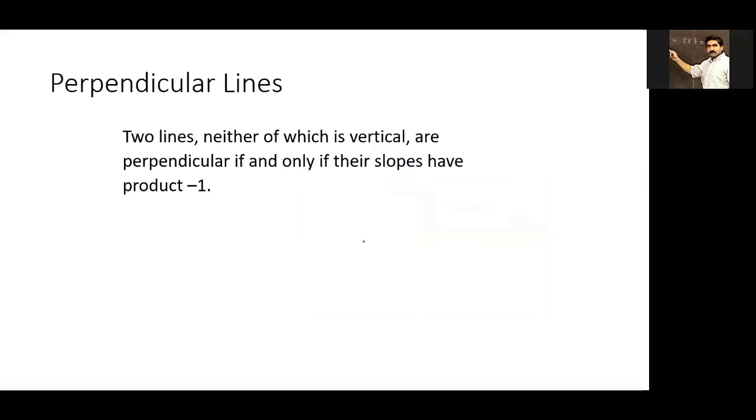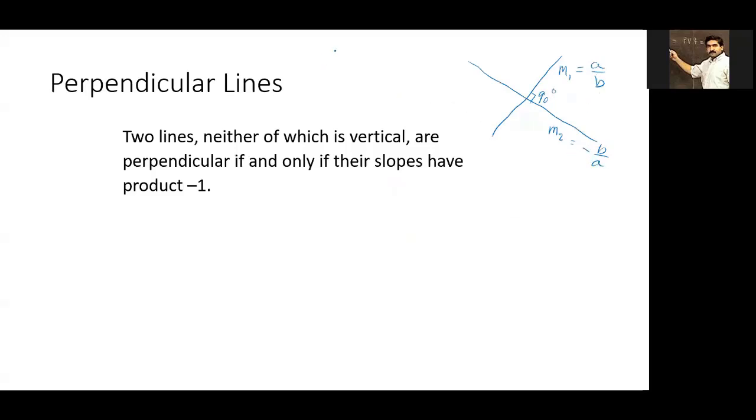Perpendicular lines. When two lines are perpendicular, making a 90 degree angle, the relationship between the slopes is that if the slope of one line is a over b, the slope of the other line would be the negative reciprocal of that. So if one is a over b, the other one would be minus b over a.